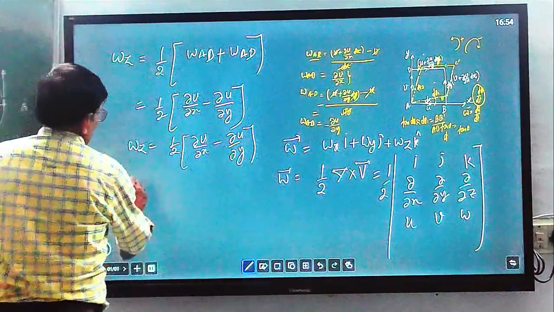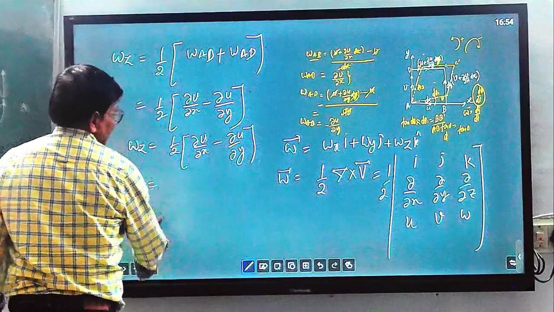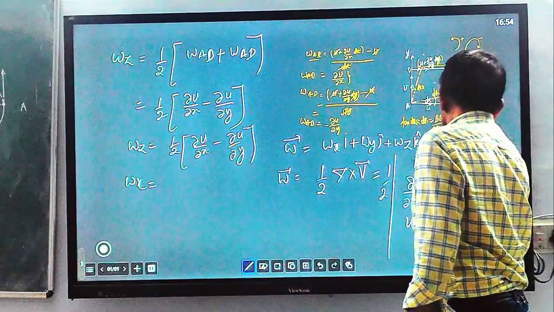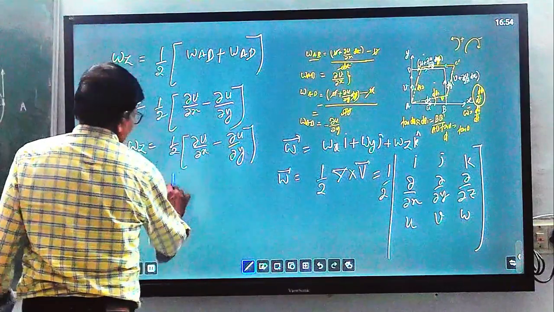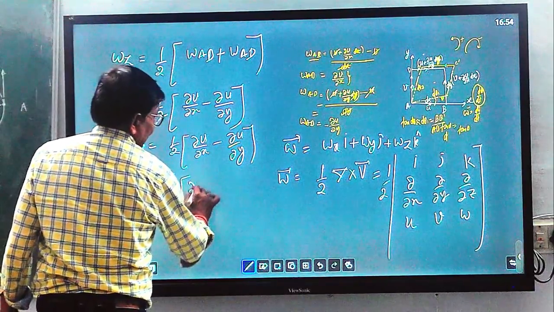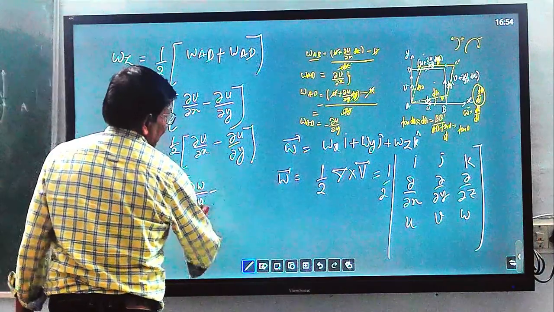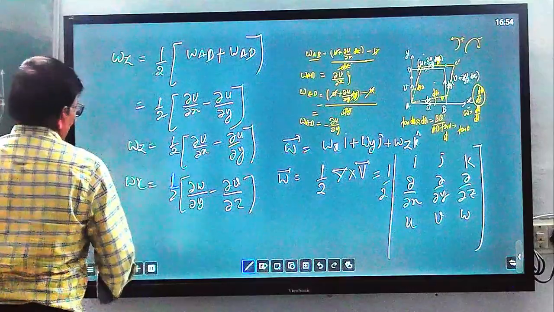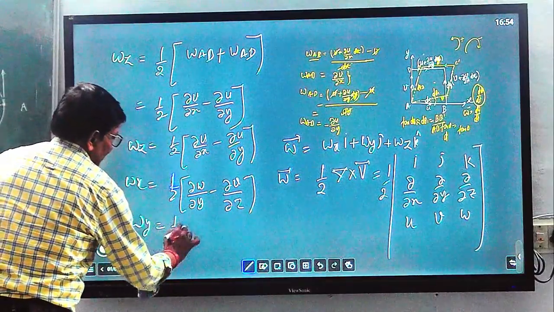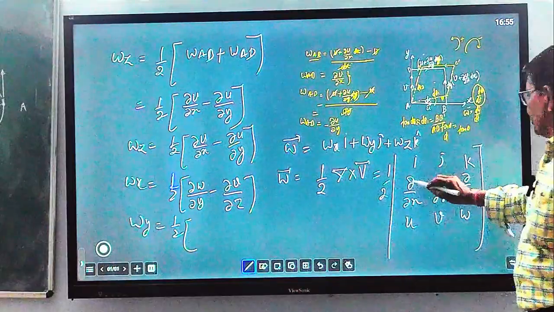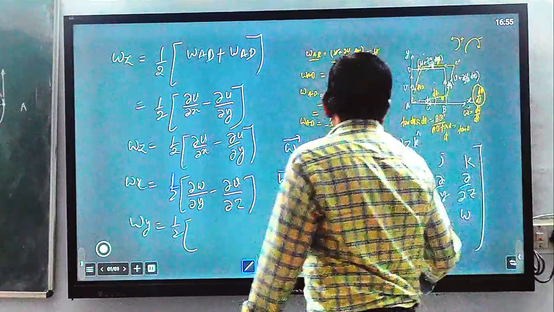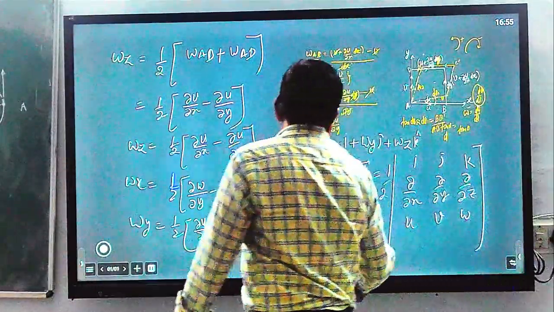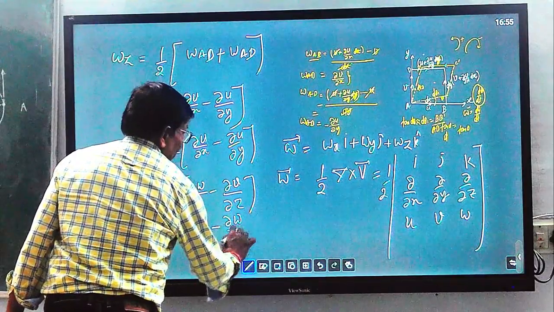So similarly you can find omega x equal to 1 by 2 of del w over del y minus del v over del z, and omega y equal to 1 by 2, because here the sign will change, of del u over del z minus del w over del x.